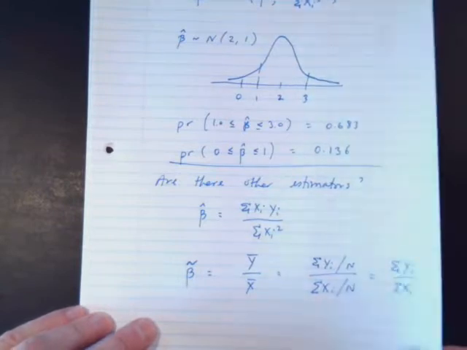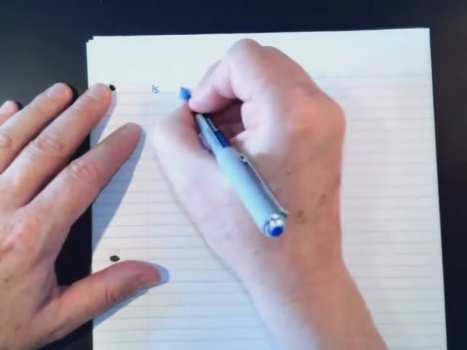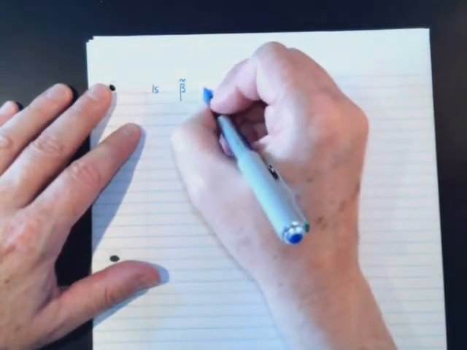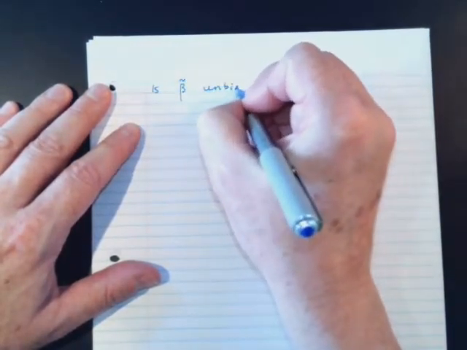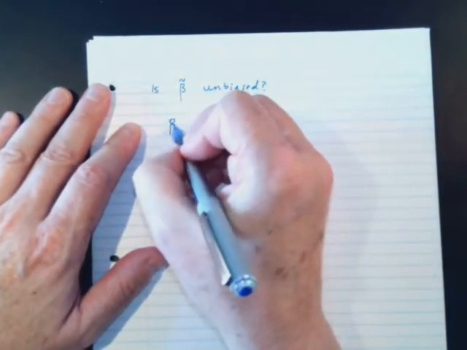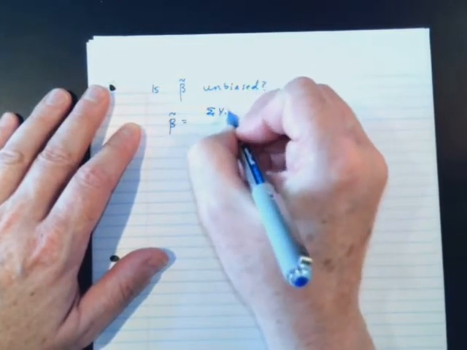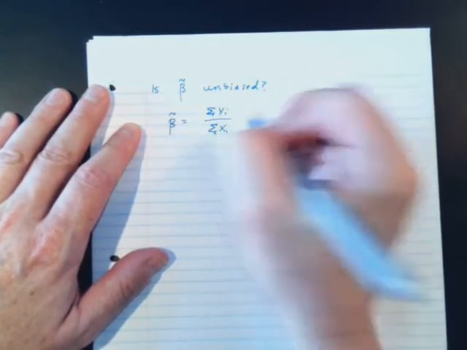So let's just see if beta tilde is unbiased. All right, so is beta tilde unbiased? All right, so our formula for beta tilde equals the sum of y over the sum of x.